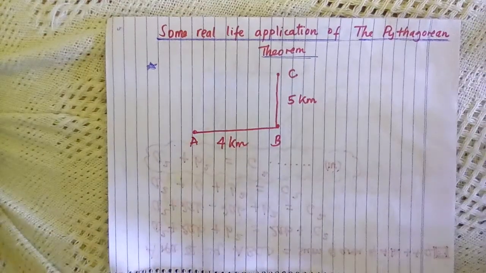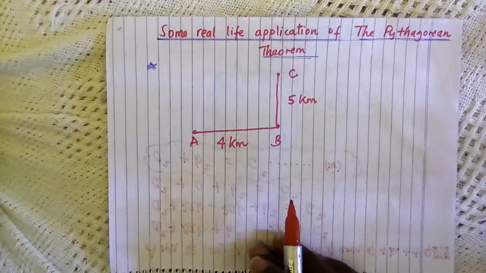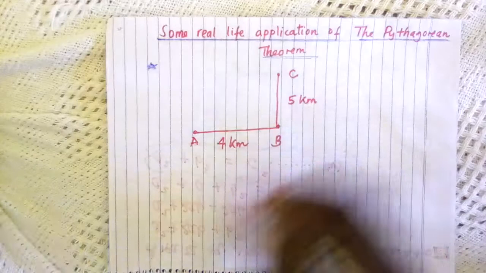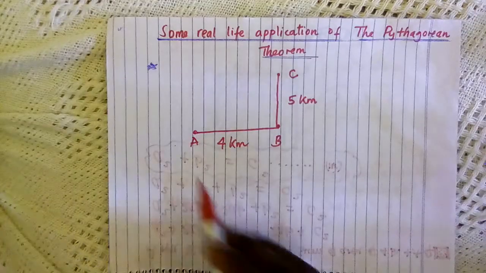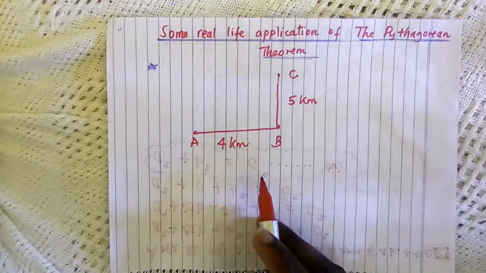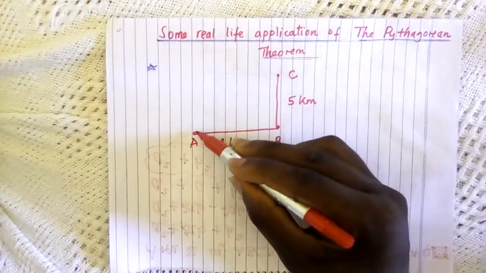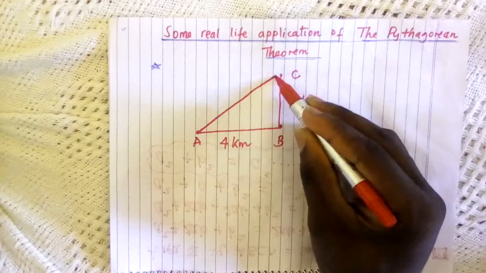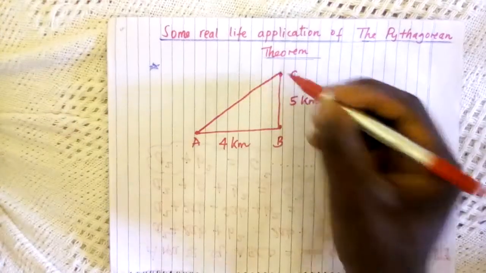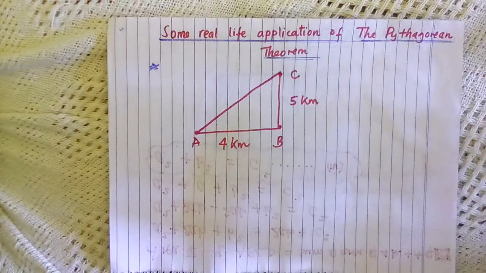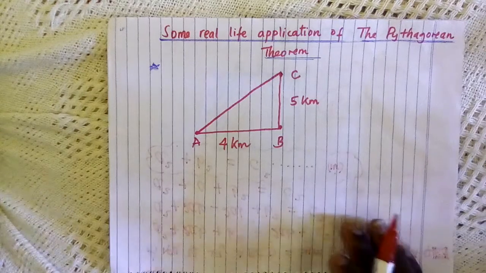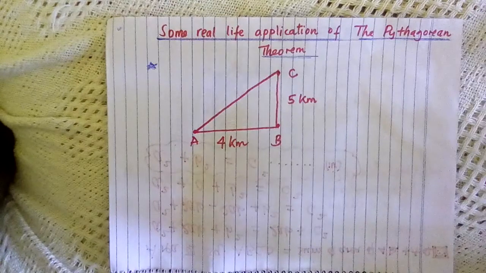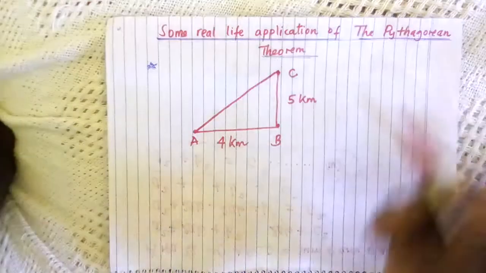I guess you're going to use the shortest distance. You're going to connect the line from A to C and find your displacement. That's why we call it displacement, the shortest distance, because any point on the Earth's surface has its shortcut way of reaching that point.